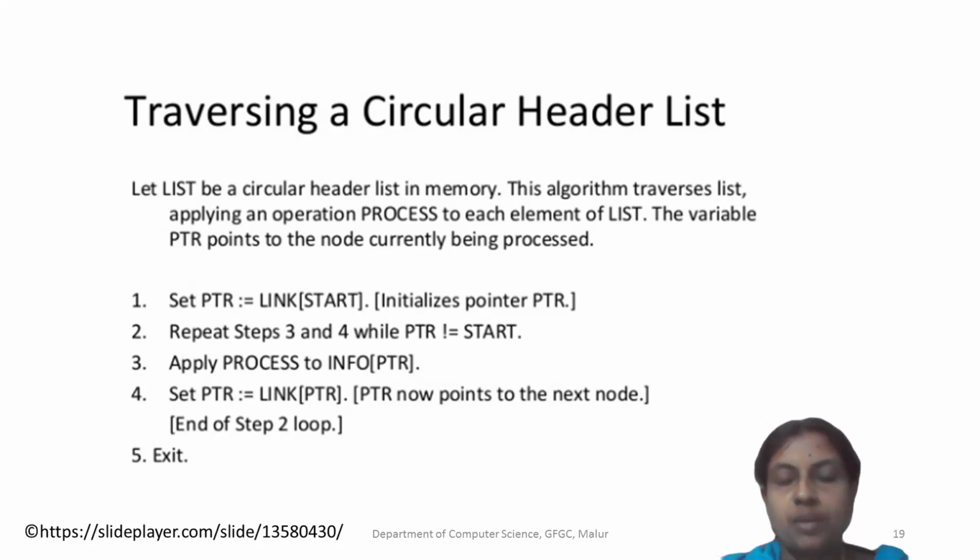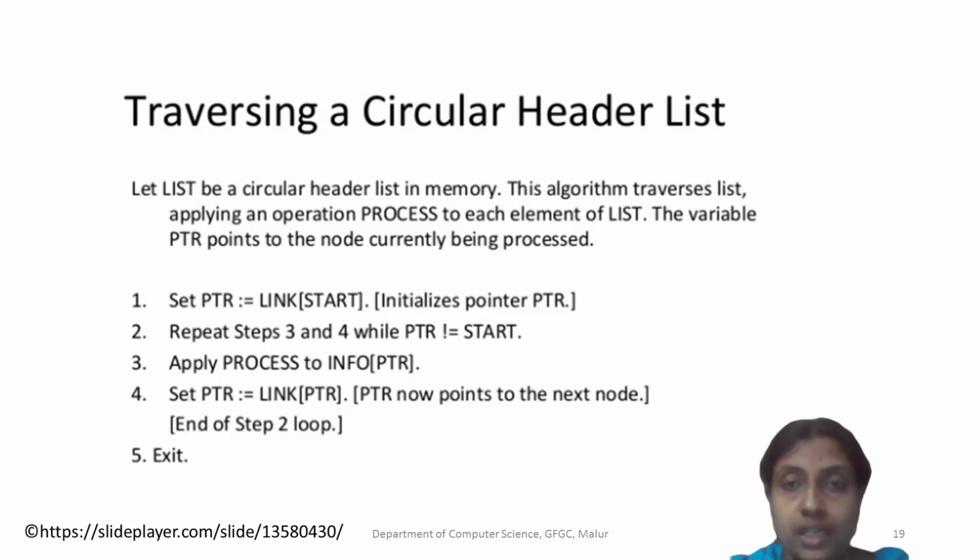Once again we repeat steps 3 and 4. Now we are in the second node. We print the second node's value. The second node has the address of the third node, so we repeat the process. We print the third node and then check whether our pointer is not equal to start. Whatever value we stored in start, when the pointer equals it, that means we have reached the end.